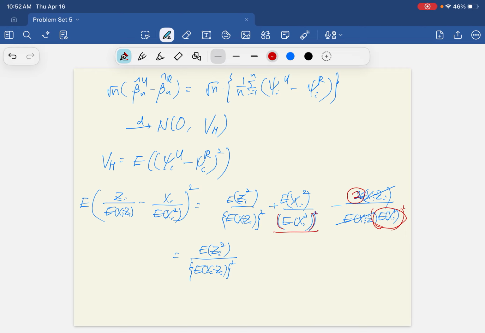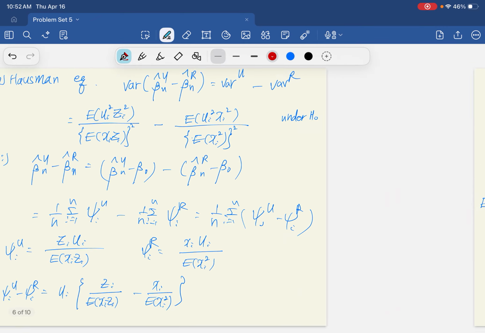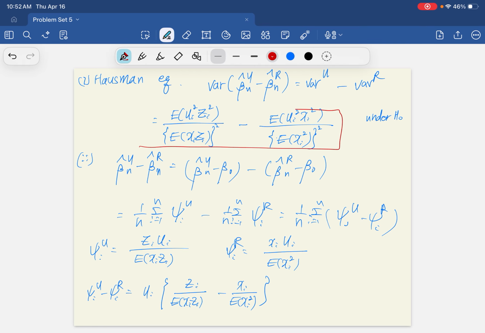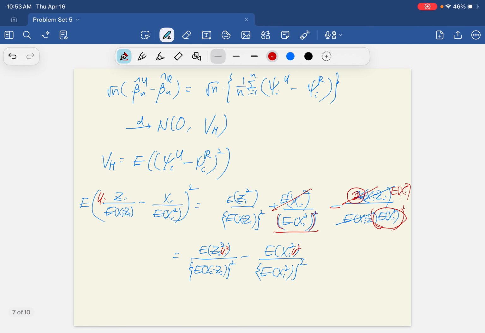So you have to square it and then multiply by the x squared expectation here. And then this is cancelled out. So minus 2 x squared will be cancelling out the previous term. Then you will get this, right? By the way, I ignored u_i everywhere. u_i squared should be here. And then if you imagine that, that's exactly what you get from the Hausman equality.